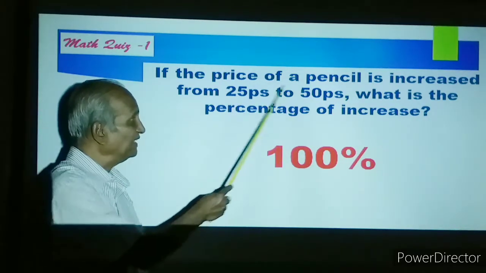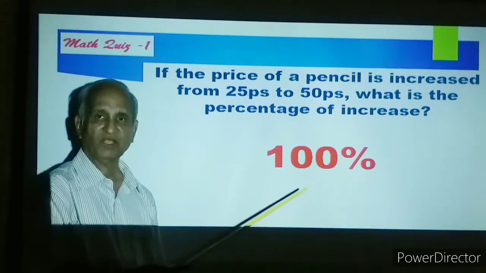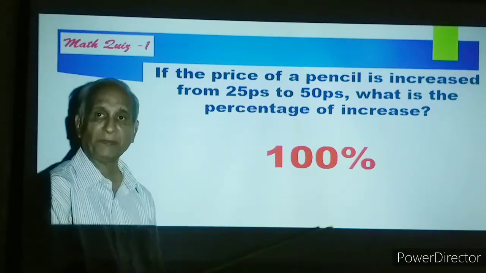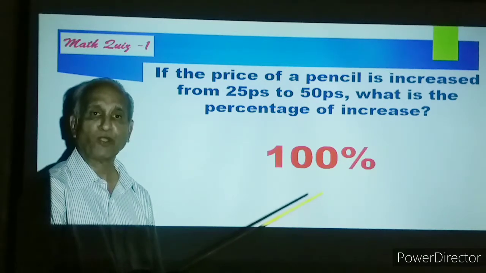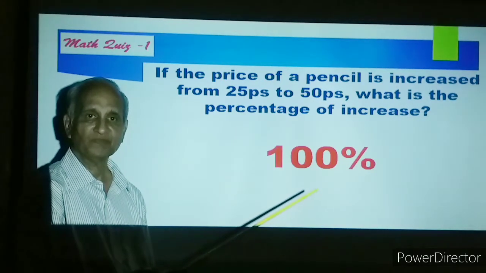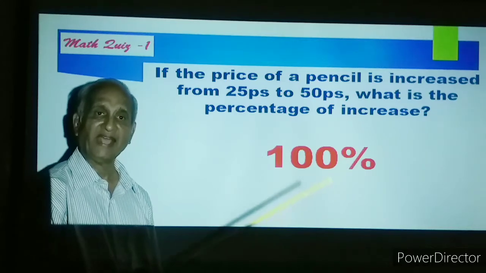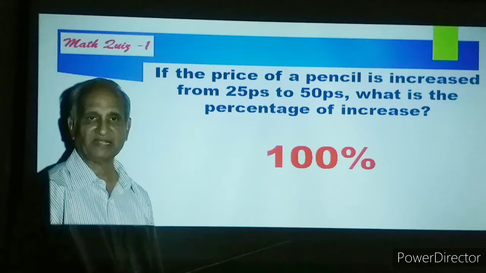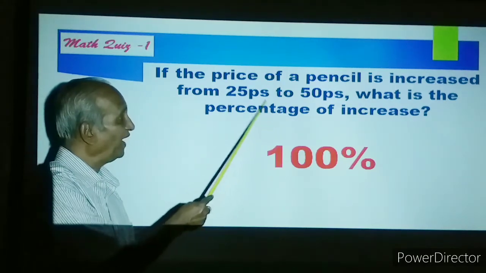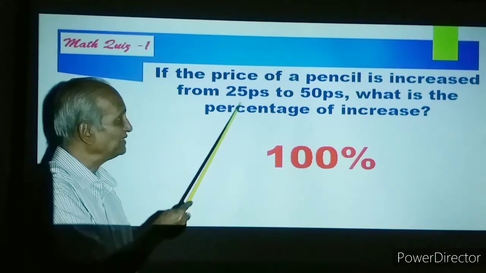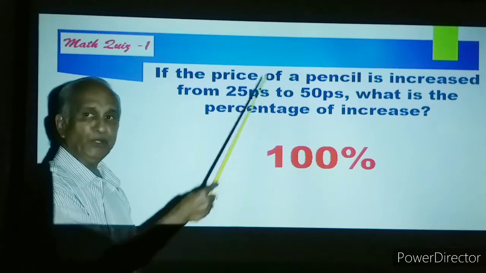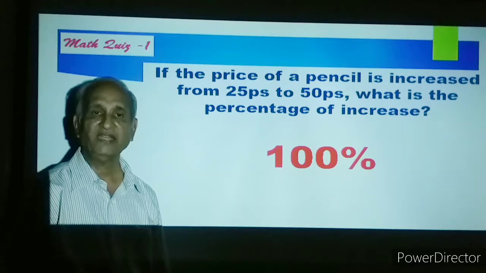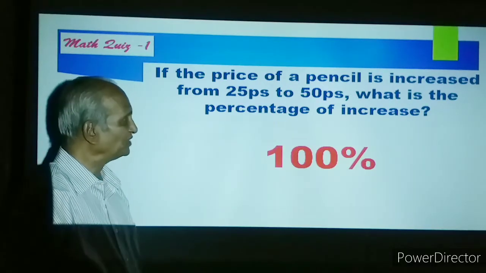The shopkeeper has increased it to 50 paise. How much did he add? To 25 paise he added another 25 paise as his profit margin. When the profit margin is as much as the principal amount, the initial price, it is 100%. 25 paise divided by 25 paise into 100. 25 gets cancelled. The increase is 100%. The next question.